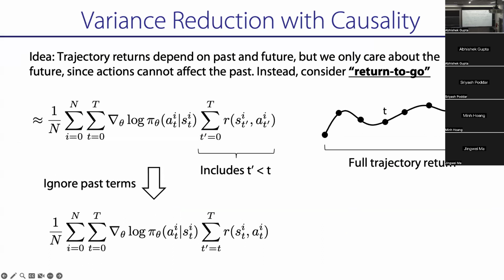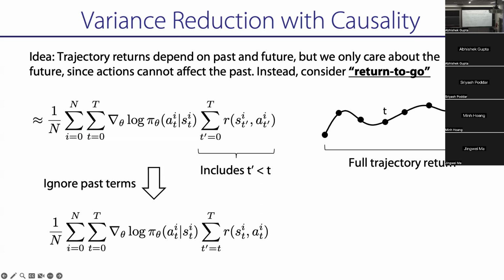You can do this with discount as well, but the point is that you are just not going to consider the past. This goes to the Markov property: your action at your current time step is not going to affect things in the past. You just care about doing the best you can in the future, given where you are.